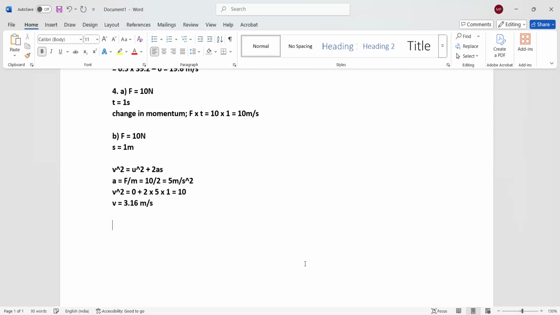Now we need to find the change in momentum. So change in momentum is mv minus mu, which is equal to 2 into 3.16.